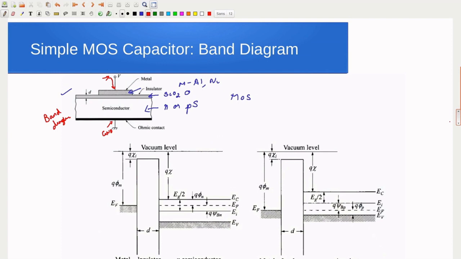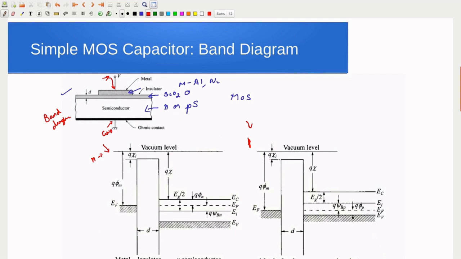We have two band diagrams. One on the left corresponds to the N-type semiconductor, if the semiconductor in the MOS is N-type. On the right side we have the MOS with P-type. And we will be studying the P-type in detail.